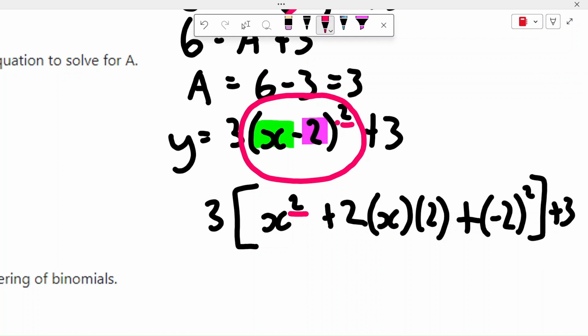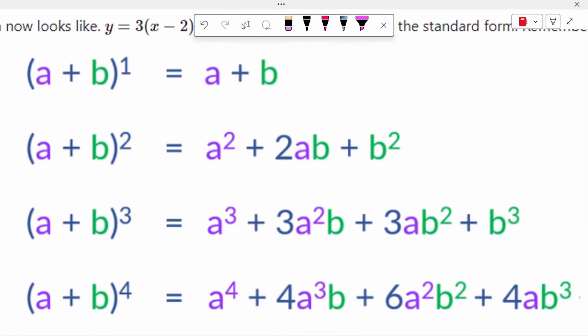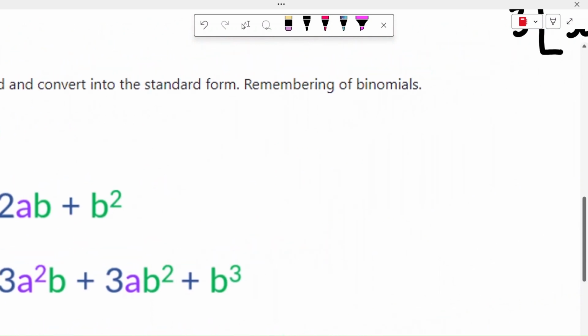So hopefully again you can see that square there. More generally, you can have a look at this pattern here, and you can do that in your own time. But this is what we need to remember, and it makes us much more efficient because there's quite a lot of time pressure with Year 11 Math Methods exams. So you want to get quick at doing that.